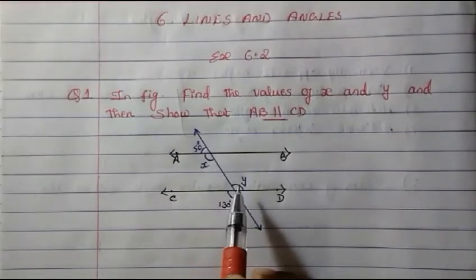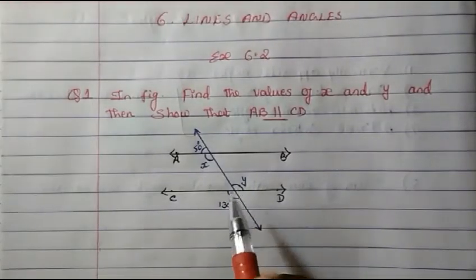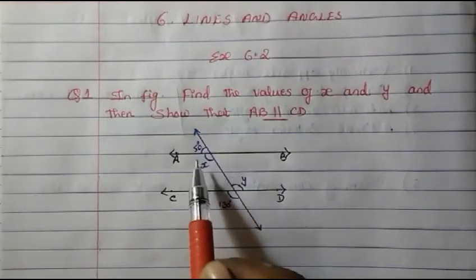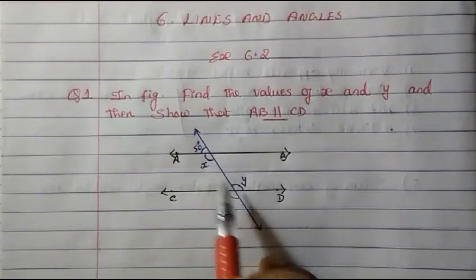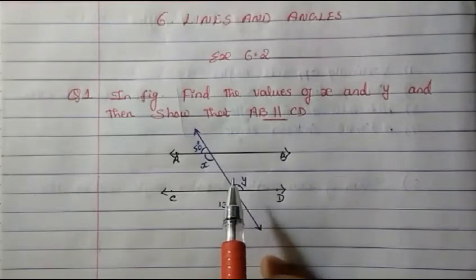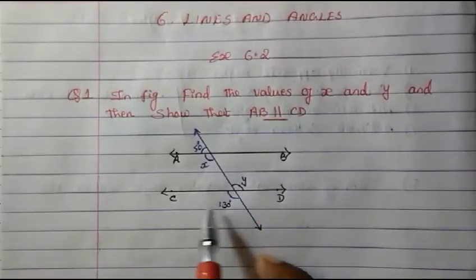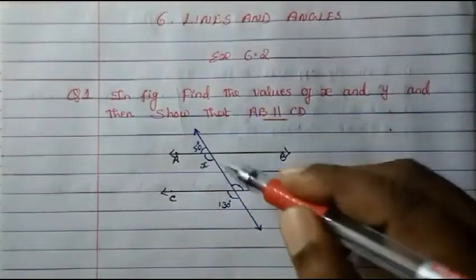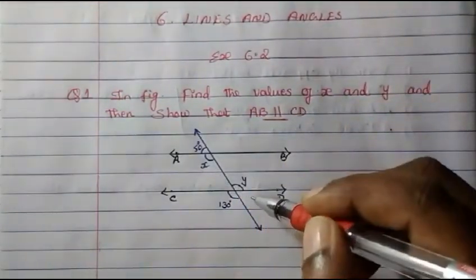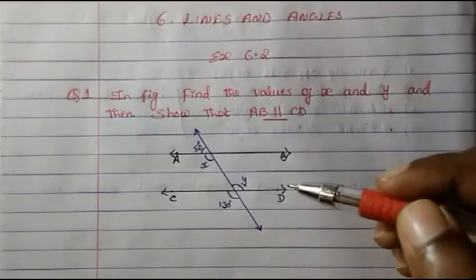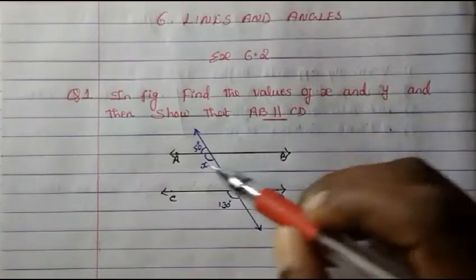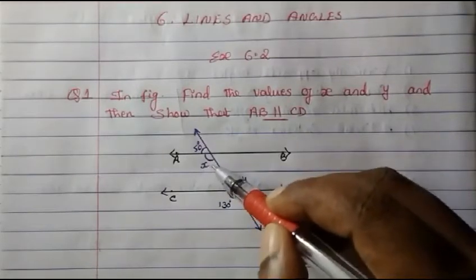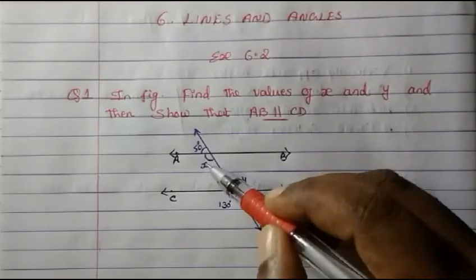If we prove that x and y are equal, then we are proving that if alternate interior angles are equal to each other, then the lines should be parallel, because only if the lines are parallel will alternate interior angles be equal to each other. In the introduction, I have explained this to you. So first we have to prove that x and y are equal to each other.